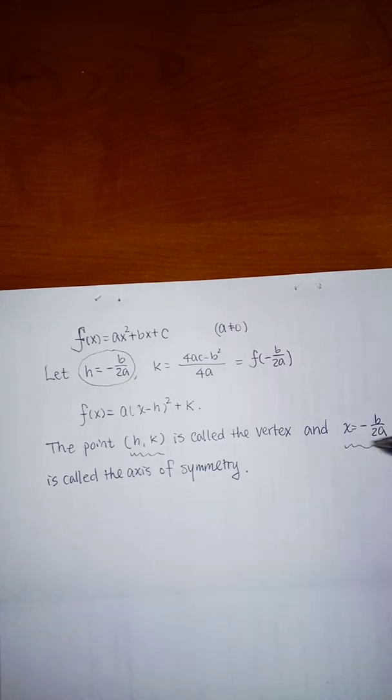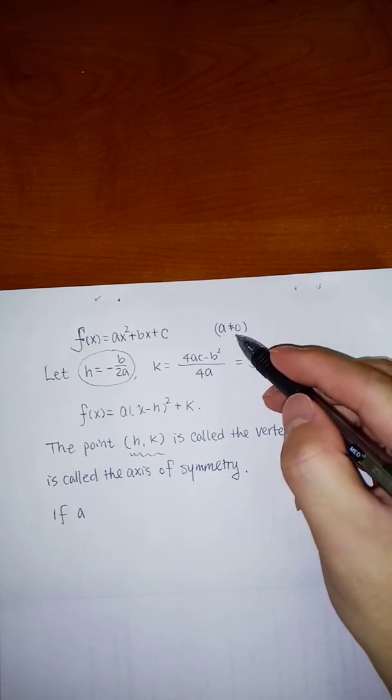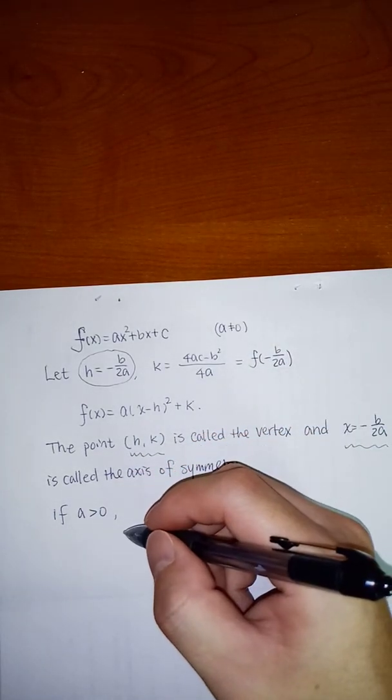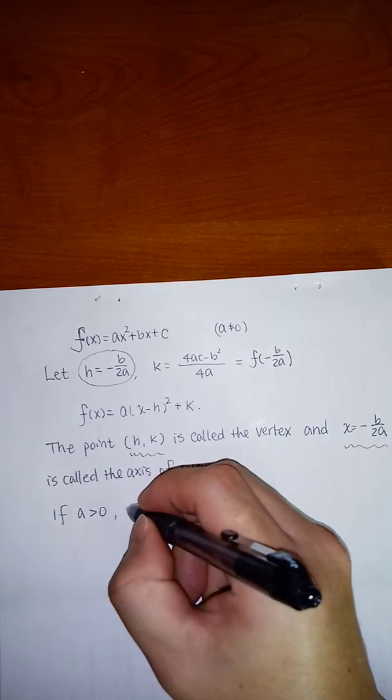And if a, the coefficient of x squared, is positive, the graph of this quadratic polynomial opens up.